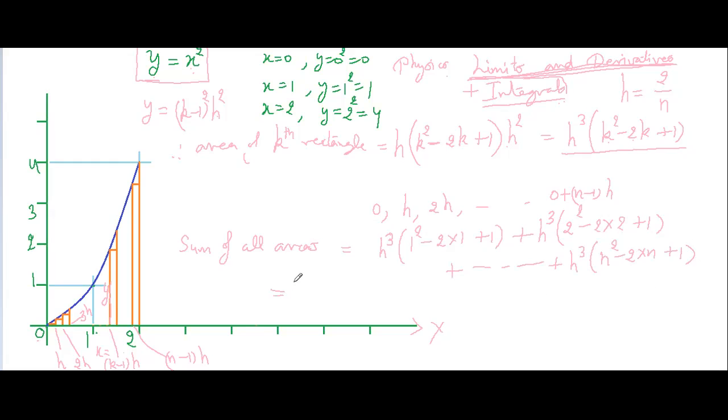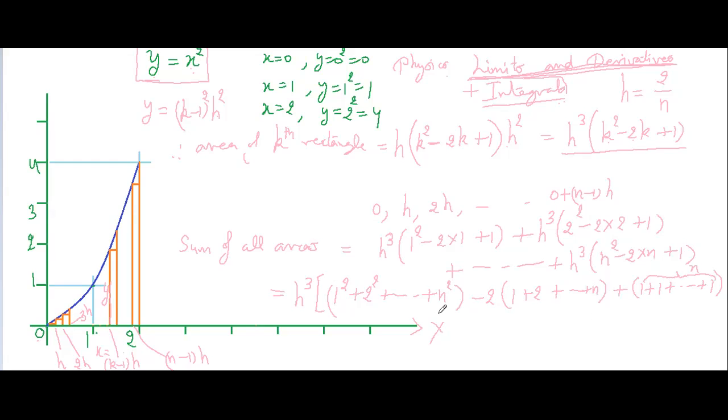We take h cube common. We take the square terms added separately, like 1 square plus 2 square plus and so on up to n square. And the middle terms, taking minus 2 common, we add them: 1 plus 2 plus up to n. And the last terms, 1 plus 1 plus 1, n times. I write here 1 plus 1 plus and so on, 1 n times.